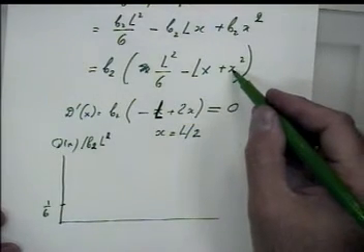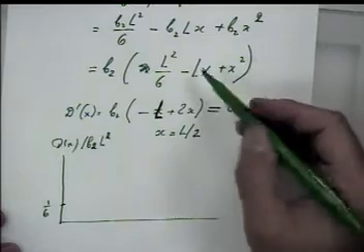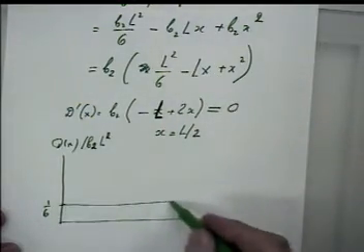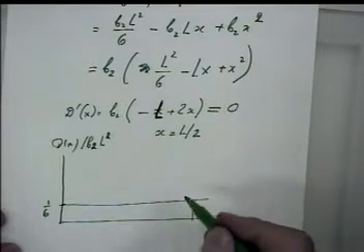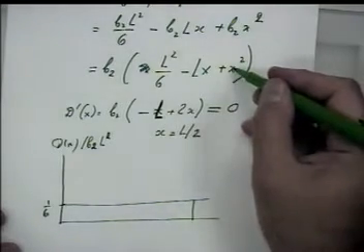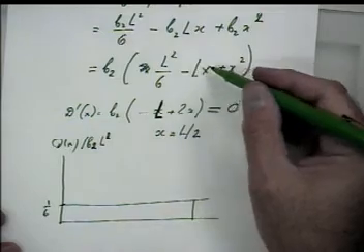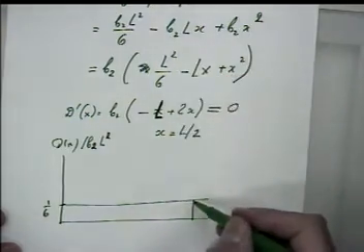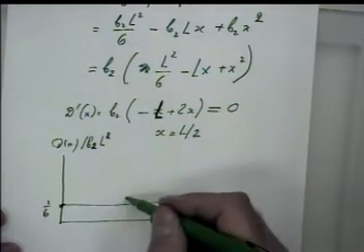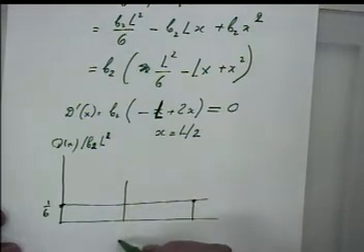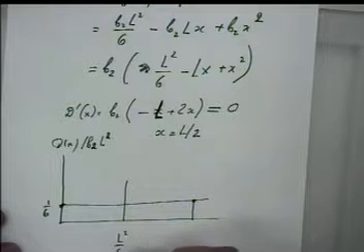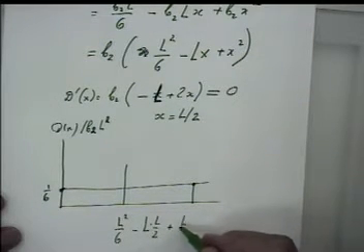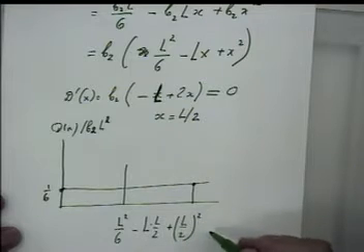Now when x equals L, okay, let us calculate here. How much is here? L square minus L square, okay, when x equals L. So it's the same number. Now let us calculate in the middle. So that is L square over 6 minus L times L over 2 plus L over 2 square.